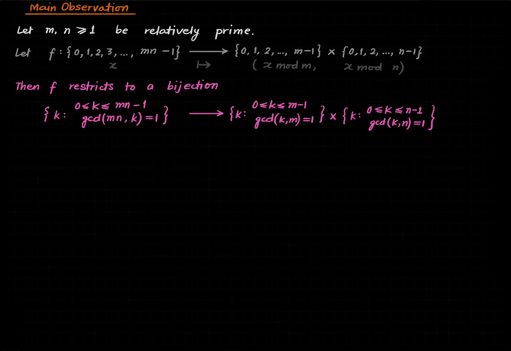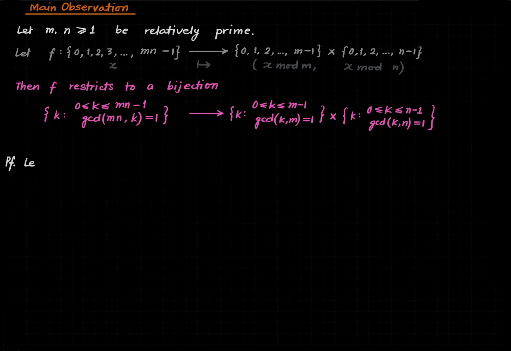And to do this, we need to first prove that if we pick something from here, it will land here. It will land in the cross product here. And secondly, if we pick something from here, it is the image of something here. Okay? And it's not at all hard because we know the basic properties of GCDs.